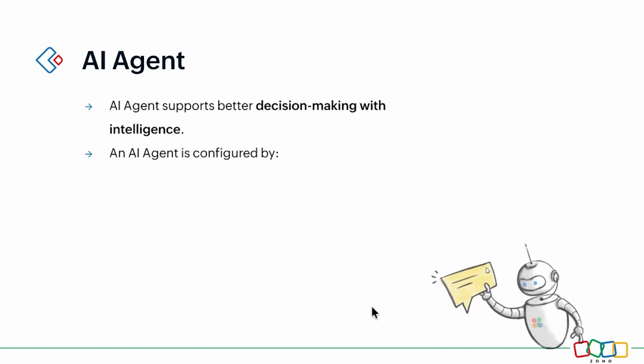And the third feature is the AI agent. As you all know, it supports better decision making with intelligence. In order to configure an AI agent within your Zoho Creator platform, we need to follow certain steps. The first step is to define the behavior of the AI agent in very simple language.